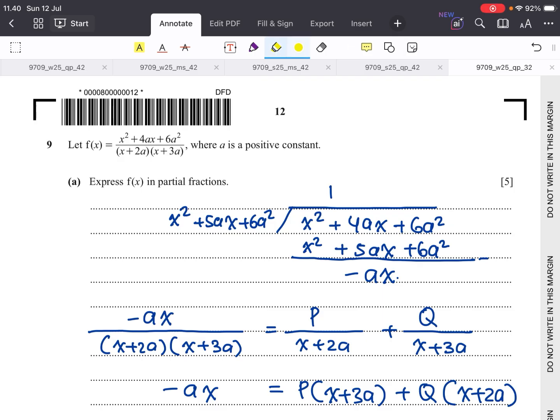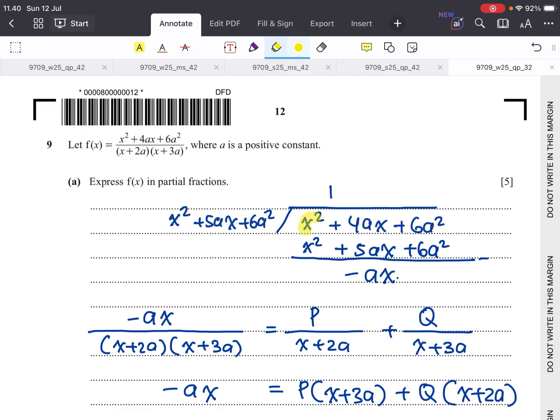So in this case, because the degree of the numerator and the degree of the denominator are the same, both the highest power of x is 2, so we can still divide the numerator by the denominator using long division. So we divide x squared plus 4ax plus 6a squared by x squared plus 5ax plus 6a squared.